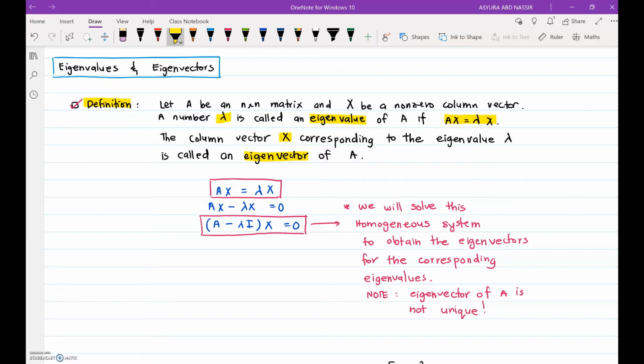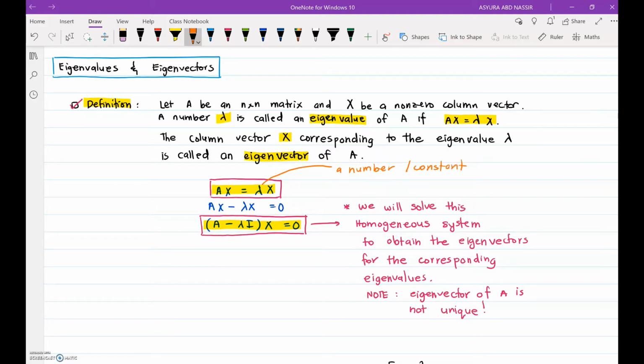Firstly, the equation that we will use is Ax equals lambda x. From this equation we can write another form. If you simplify, you will have Ax minus lambda x equals 0, and when you factorize it will be (A minus lambda I) x equals 0. Remember, the lambda here is a value, a number or a constant.